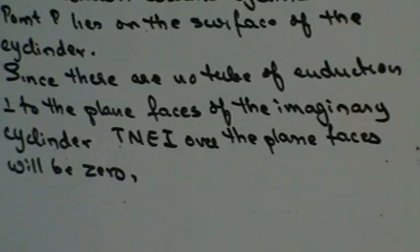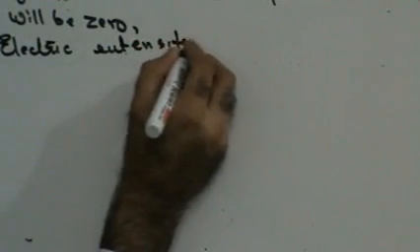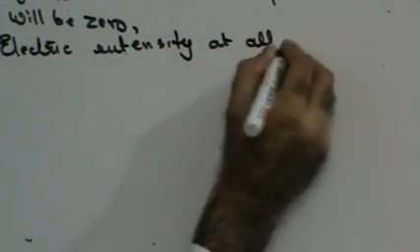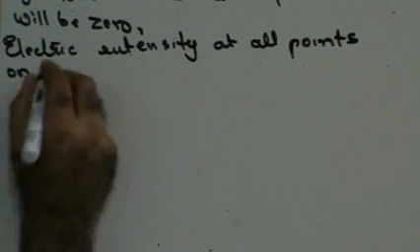Now, the electric intensity at all points on the cylinder has to be the same. The electric intensity at all points on the cylinder is the same.